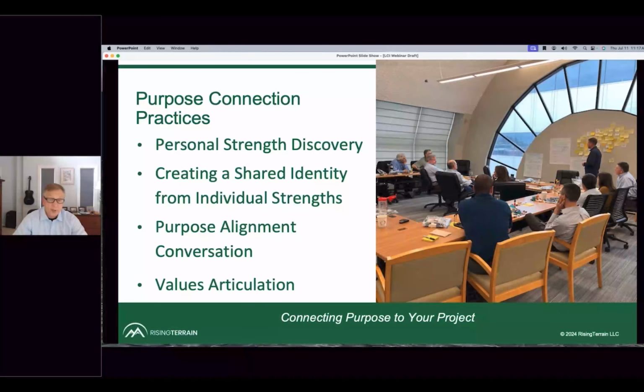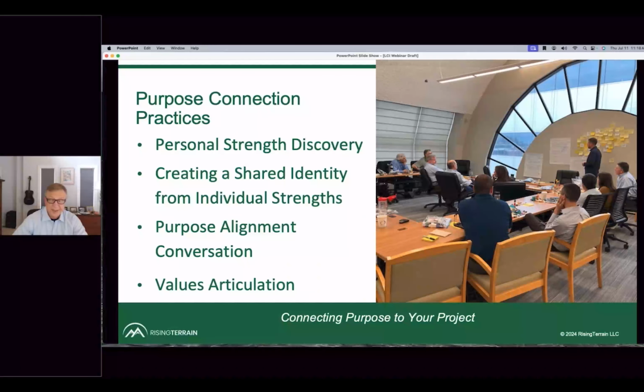It's about starting with the personal strength discovery. So that's really connecting to what that last slide on Deming was talking about, that we have personal strengths that we've oftentimes learned to hide, because those individual characteristics of us, we don't want to sometimes stand out.